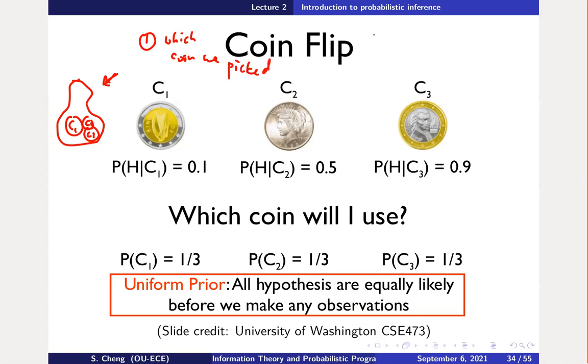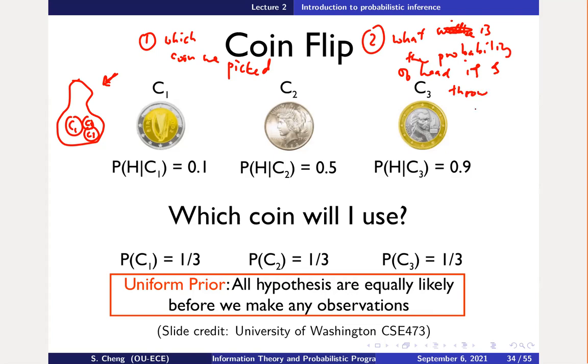The second question is, if I toss this coin again, what will be the outcome? What is the probability of head if I toss the coin again?